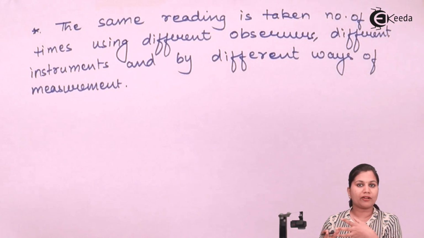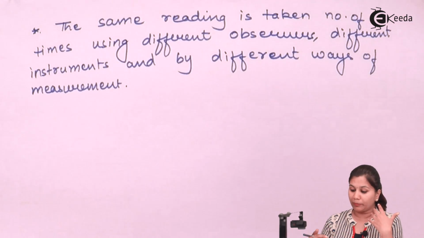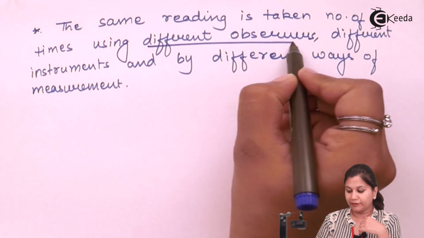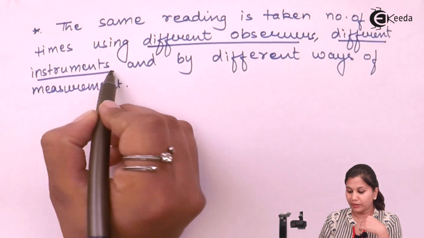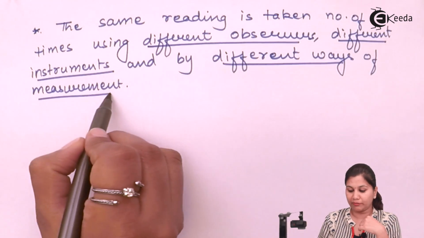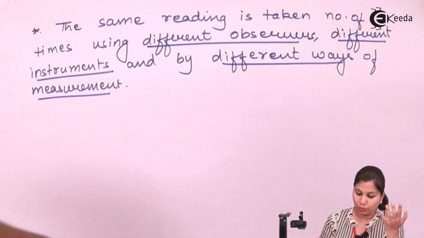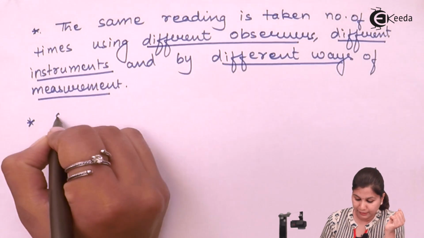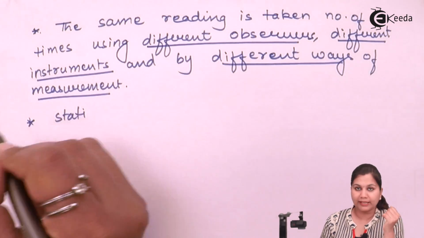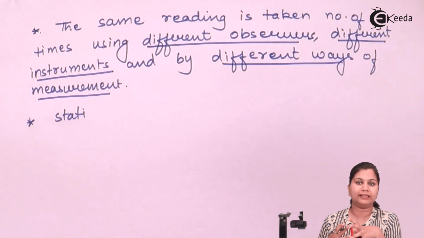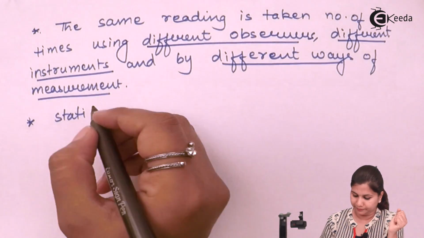So by using different observers, different instruments and different ways of measurement, what is the effect on that reading? Statistical analysis helps us in finding out the uncertainty in the measurement.